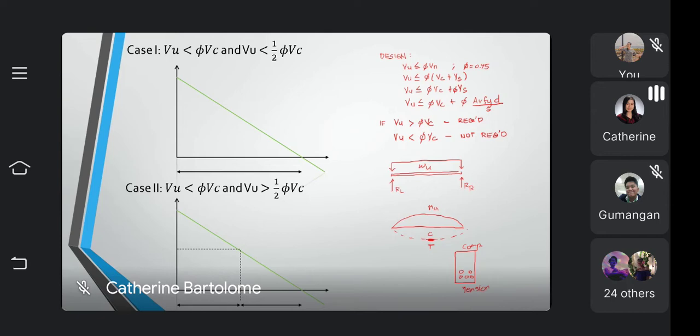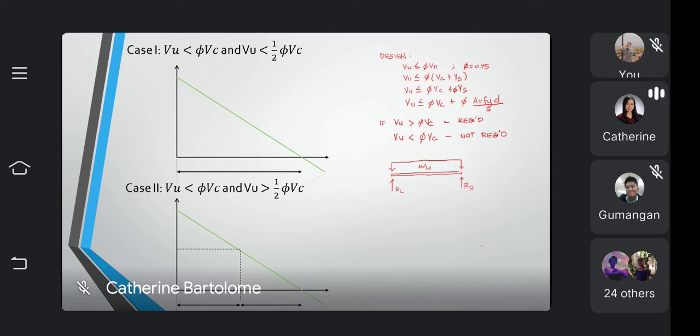Okay, if you know how to draw a shear and moment diagram, you know how to analyze a beam properly. Kasi base lang yan lahat sa shear diagram, moment diagram, deflection, kaya wag niyong kakalimutan yung theory of structures nyo. Okay? That is very important.